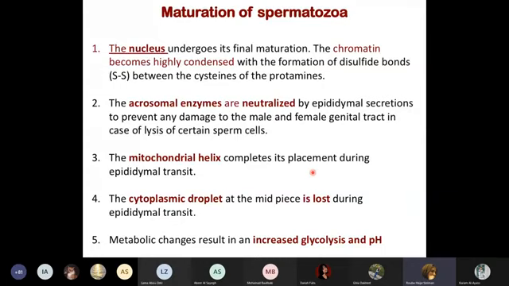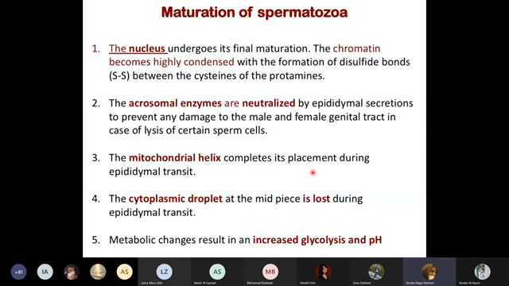The acrosomal enzymes, the hyaluronidase and the acrosin that are present in the acrosomal cap, will be neutralized by the epididymal secretions. So the epididymis is secreting special types of molecules to neutralize the acrosomal enzymes. Why is this the case?